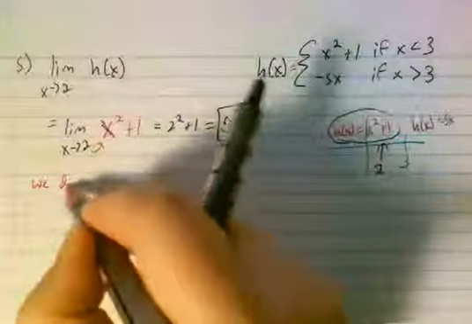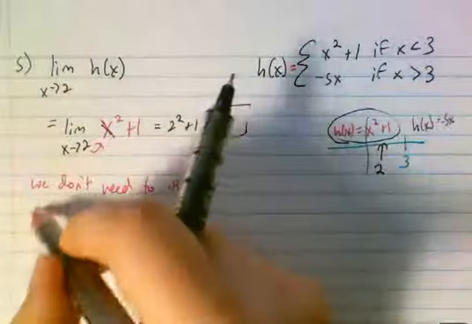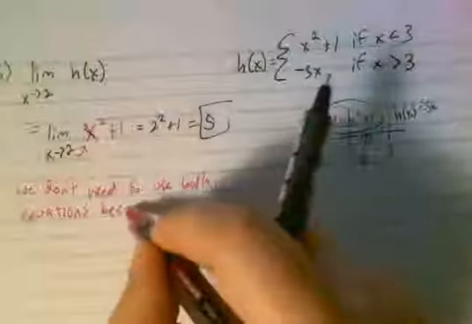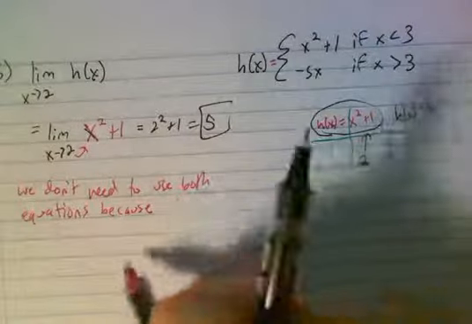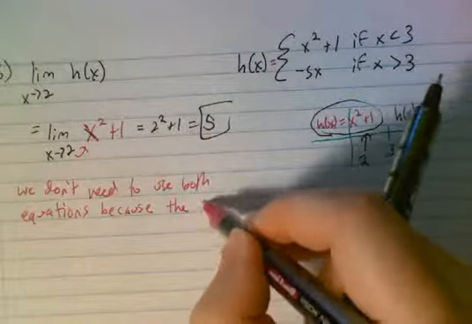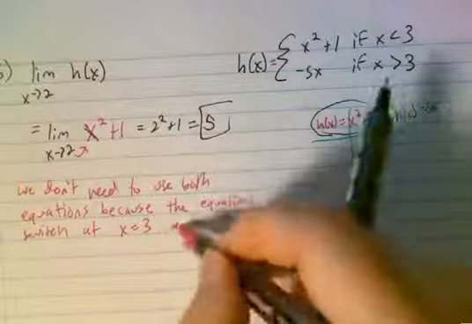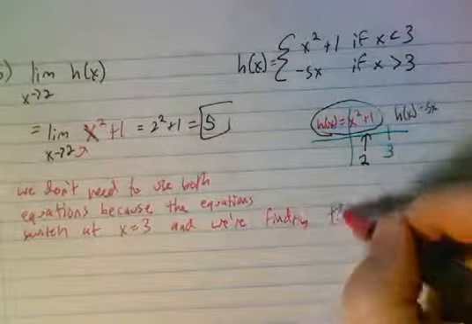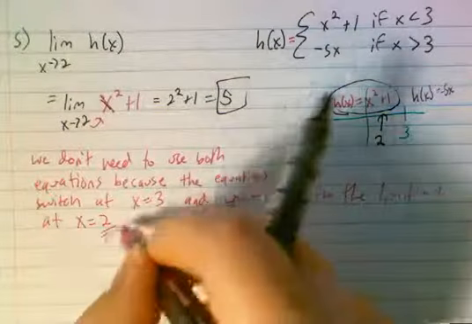We don't need to use both equations because the equations switch at x equals 3, and we're finding the limit at x equals 2 instead.